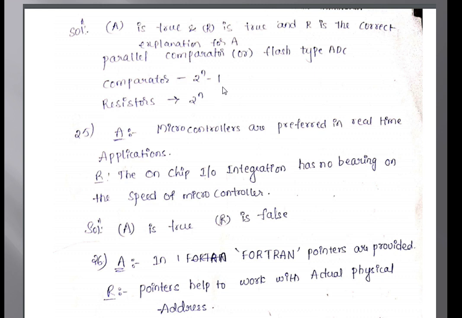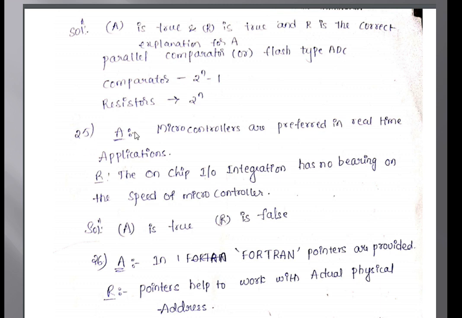For example, a 3-bit parallel converter requires 2 power 3 minus 1 comparators; 2 power 3 is 8, minus 1 is 7. The resistors are 2 power 3, that is 8, and the priority encoder is 2 power 3, that is 8 into 3 priority encoder.